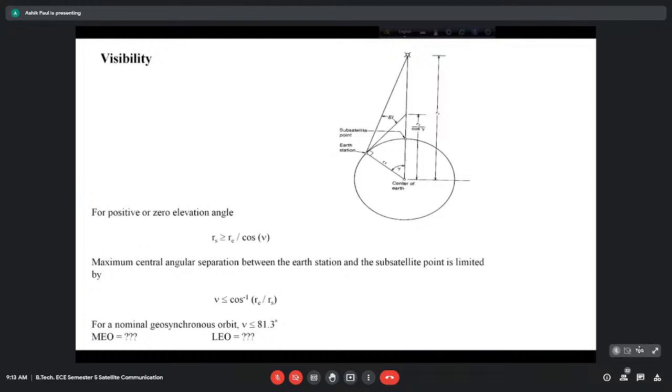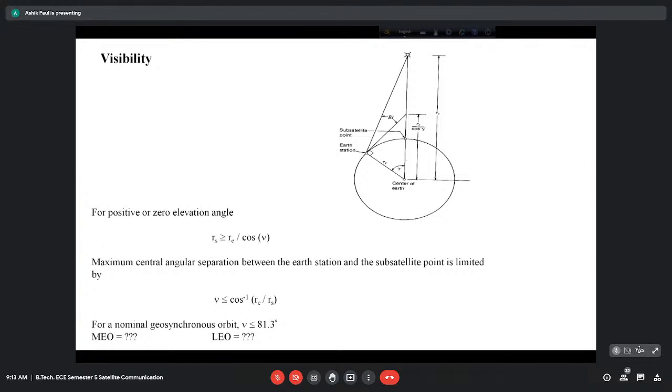That is why this corresponding value of Rs, this is Rs, the limiting value of Rs up to which the satellite signal will be visible, that means the satellite will be above the local horizon, is given by this Re by cos gamma.